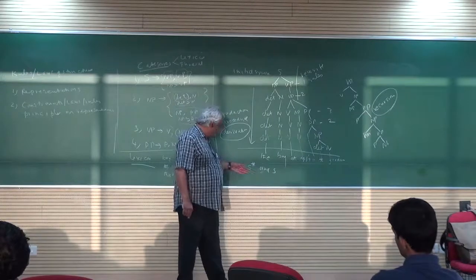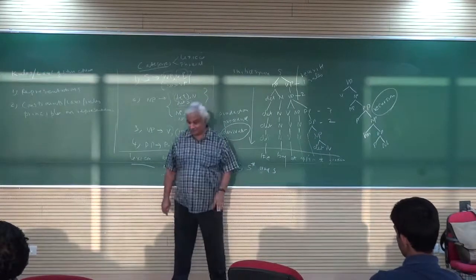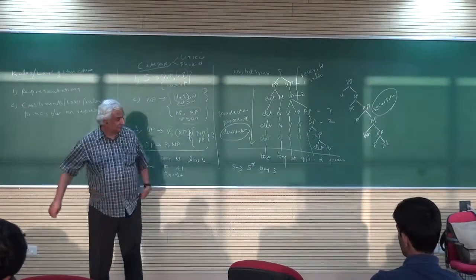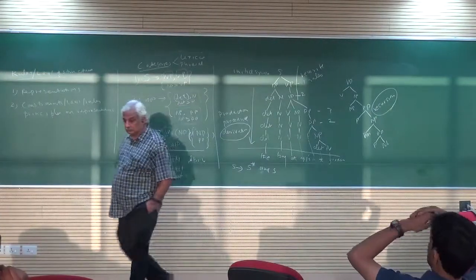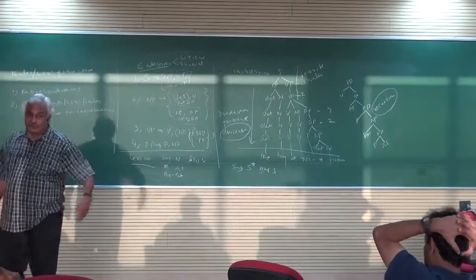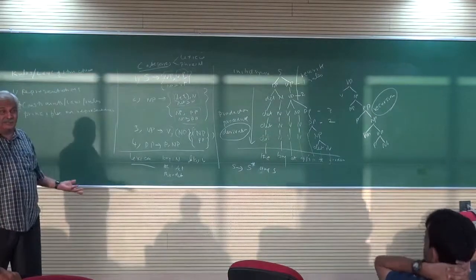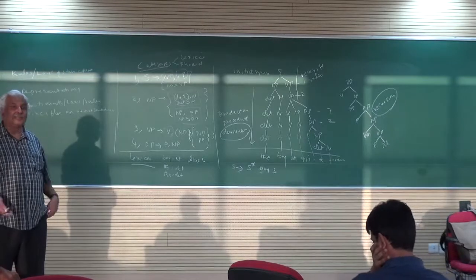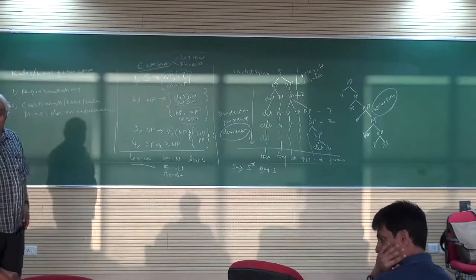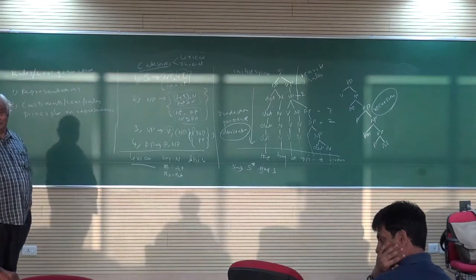So you can put any number of sentences here, zero or any number. So there is no limit as such to the length of a sentence. That's what these recursive rules do. And how can you put an upper limit? Because if you say 6 sentences, somebody will come up with a 7th one, right? So you have to allow for that possibility.